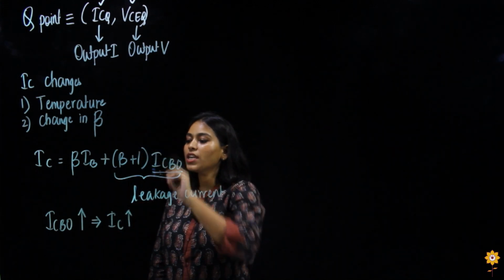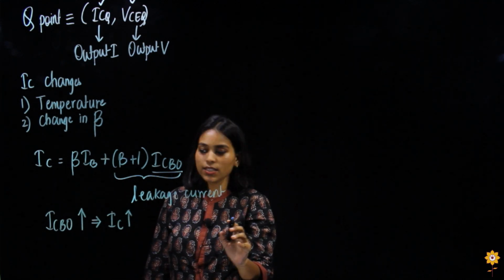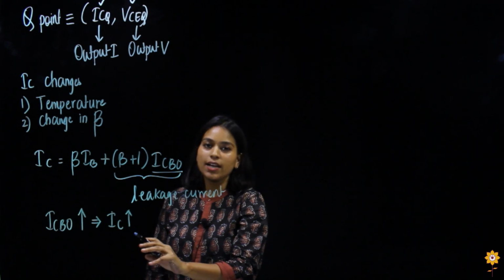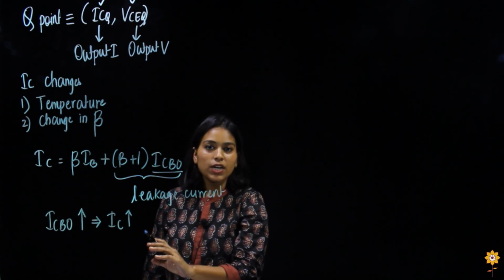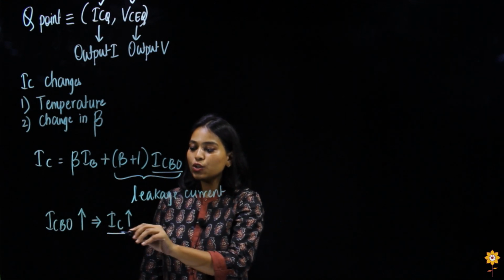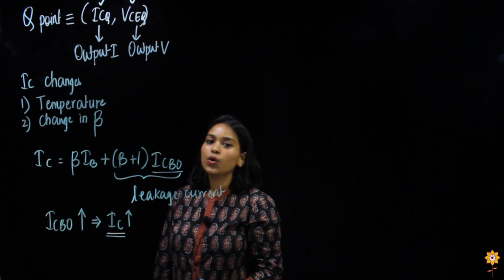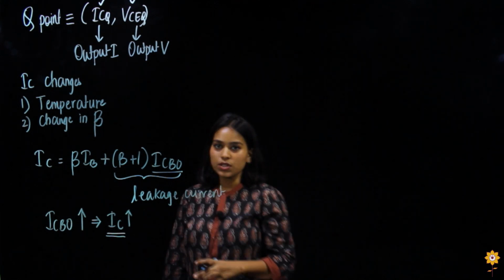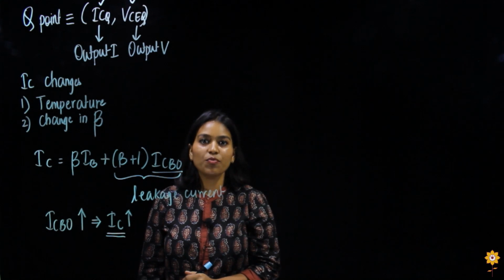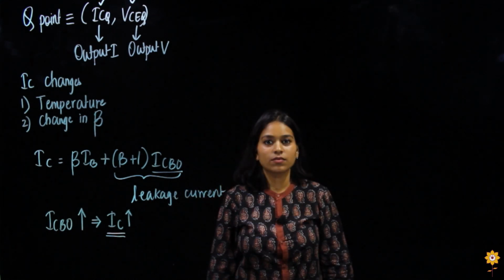So if temperature increases, ICBO increases, and it implies that IC, which is the collector current or the output current, also increases. We don't want the value of IC to change, but it is changing. So how can we control this?